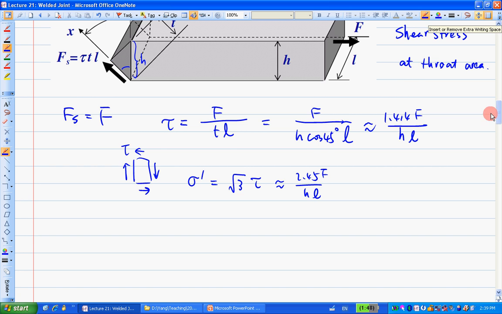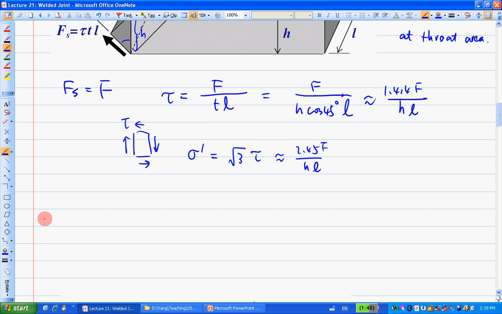Let's take a look at the first case. The first case is what I call the shear in the weld from in-plane torsion.